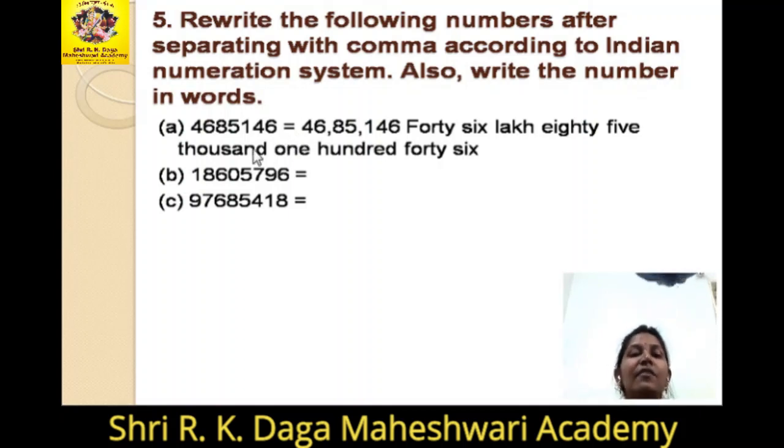So first we will put comma after 3 digits. After that we will put comma after every 2 digits. Now this number can be written as 4. We will put comma after first 3 digits. So 641. First comma will be here. After that, after every 2 digits, so 58. So we will put comma here. Now the number becomes 46,85,146.